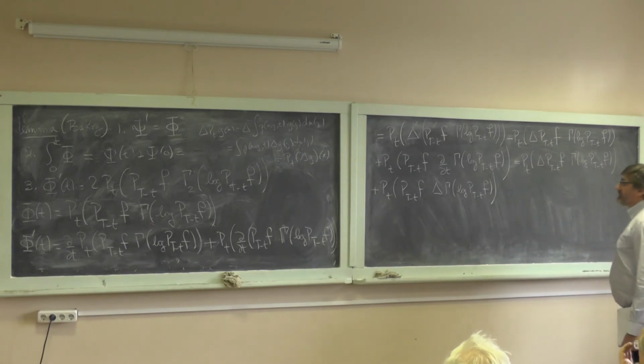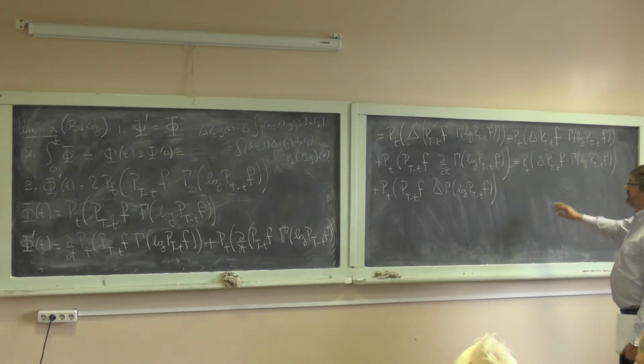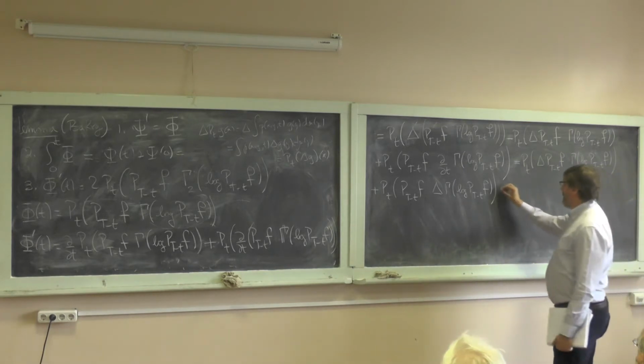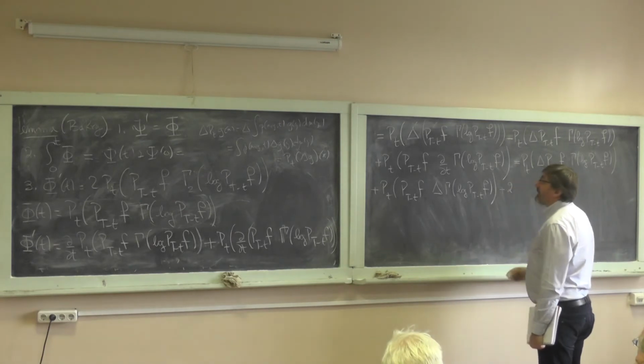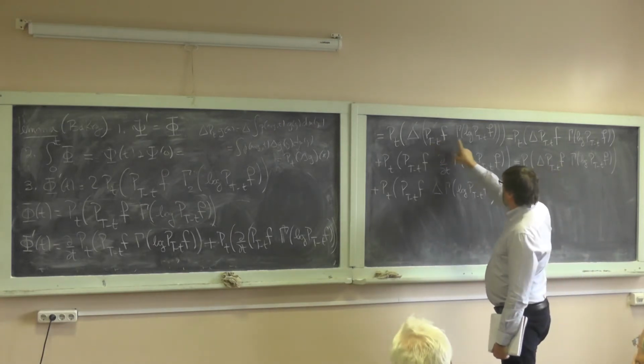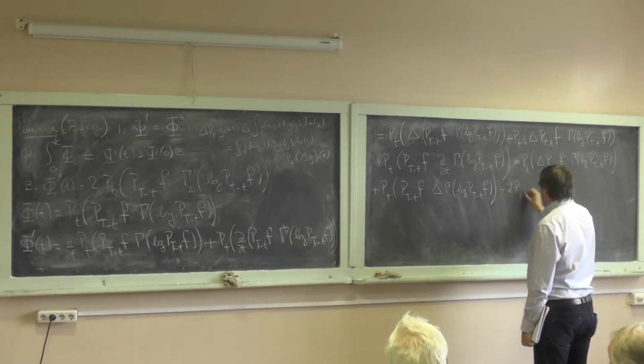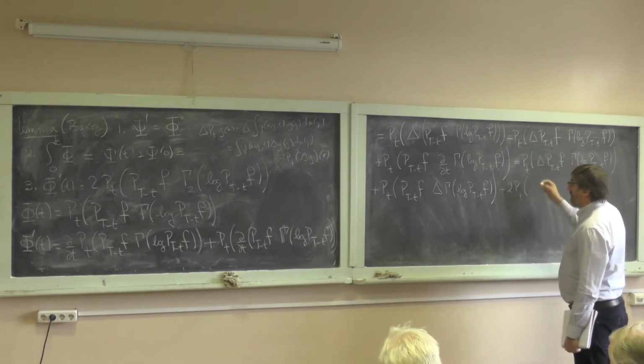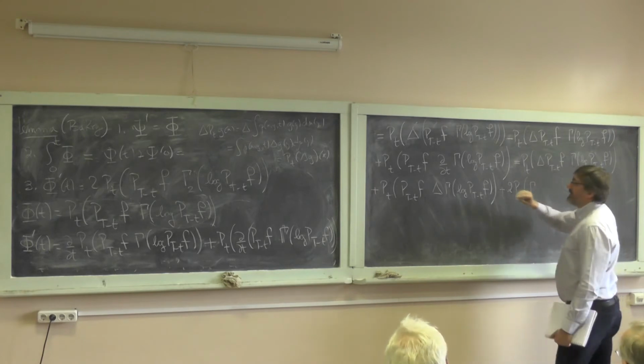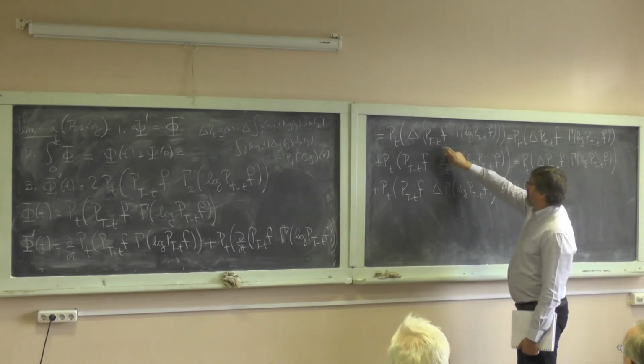So we have this term here, and then we have plus twice the inner product between these two things. So I have twice p_t. And now the notation gets a bit complicated. The inner product is a gamma object.